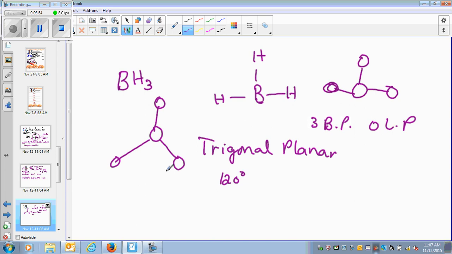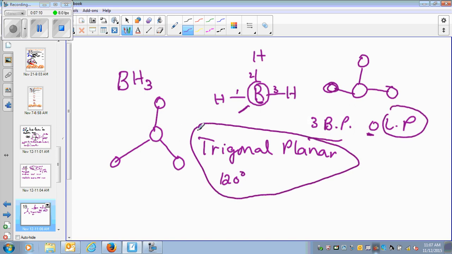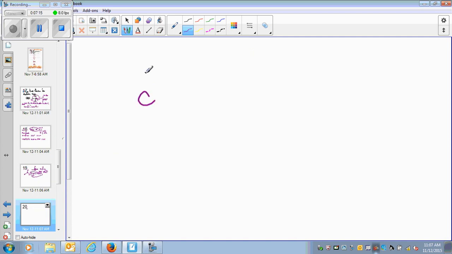So once again, this is my central atom. It has 1, 2, 3 bond pairs and no free electrons here. Okay, 0 lone pairs. So then the shape is going to be trigonal planar, and the angle is going to be 120 degrees.